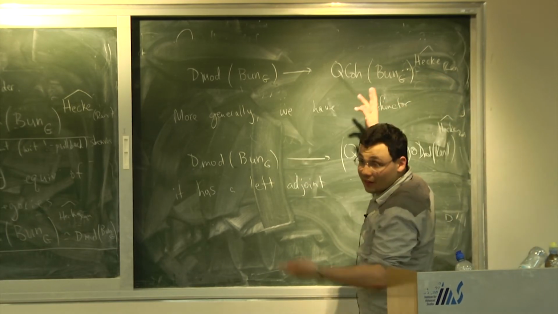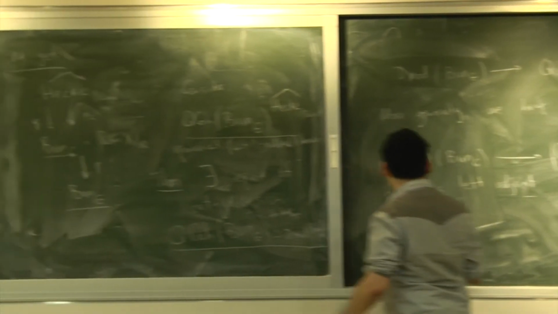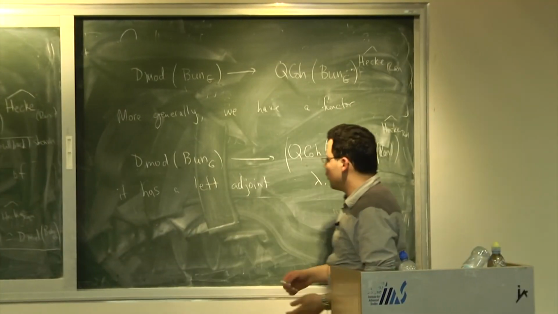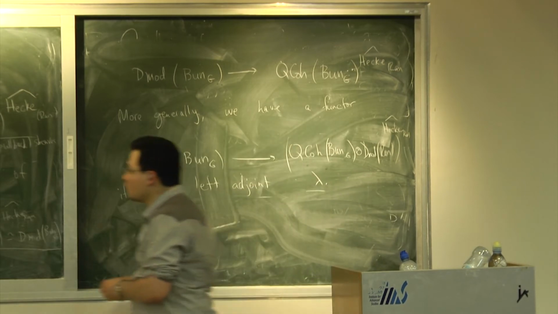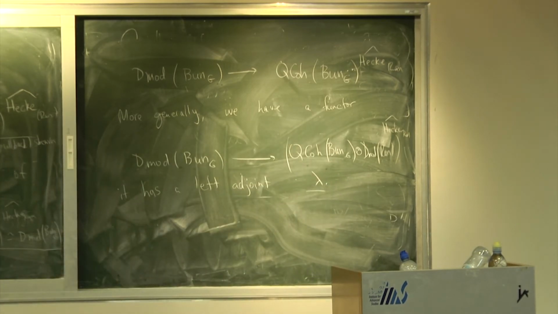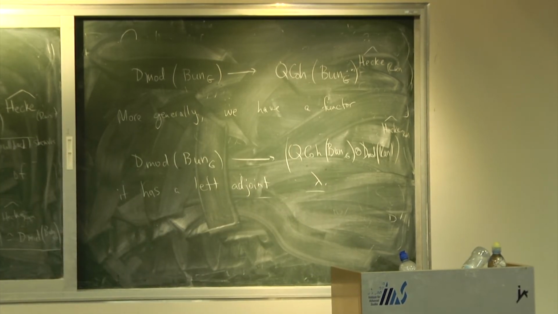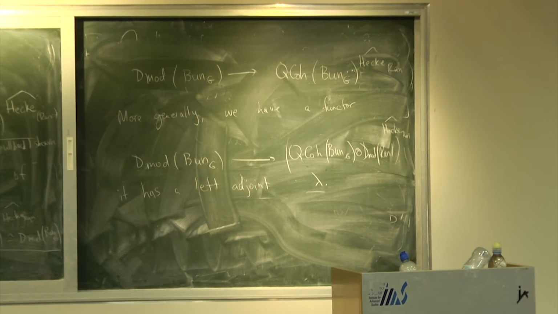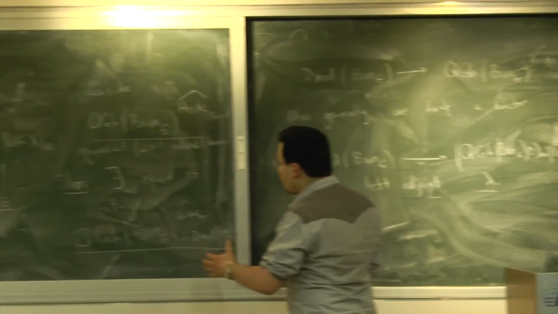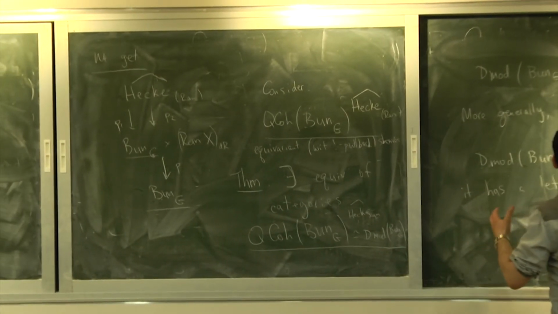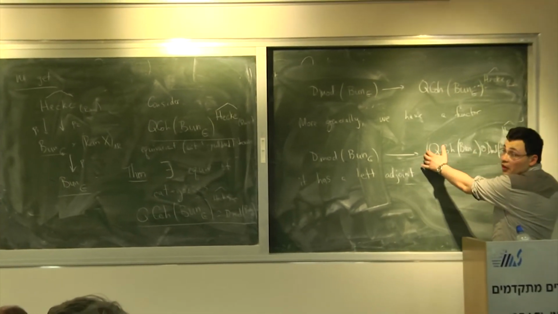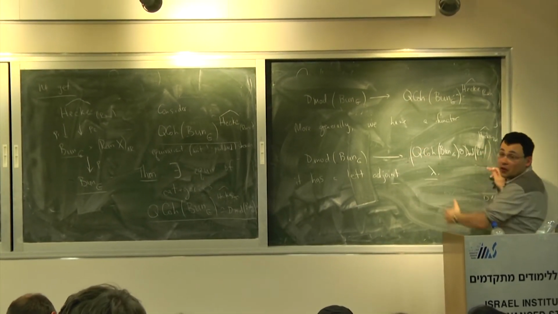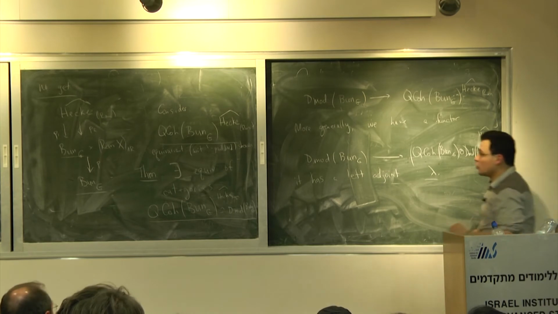I guess the new statement is that this has a left adjoint that's reasonably behaved. So the idea is, if we want to construct D-modules on Bun-G in a local to global way, this category right here is a good recipient for any functor which will construct D-modules for you.